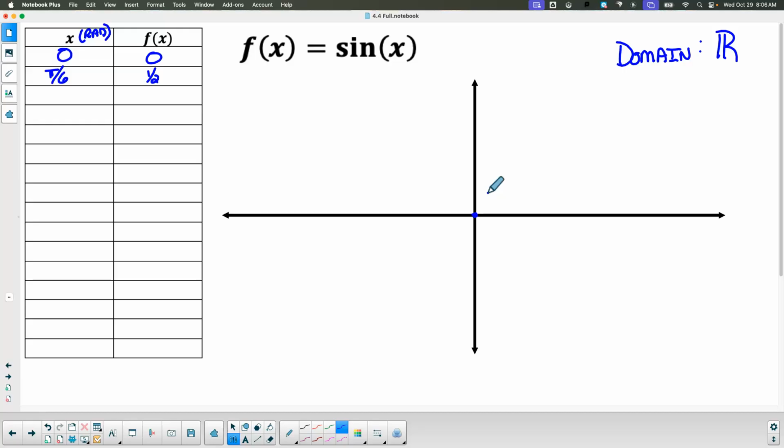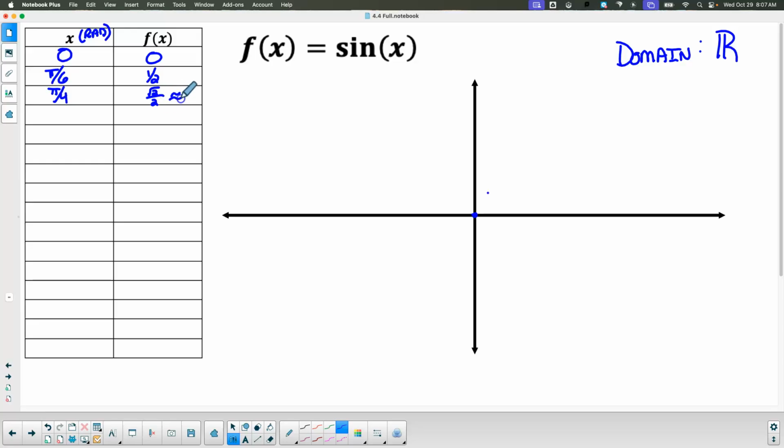Next one, pi over 4. Root 2 over 2, which is approximately how much? Somebody with a calculator. Square root of 2 over 2, approximately how much? 0.707?